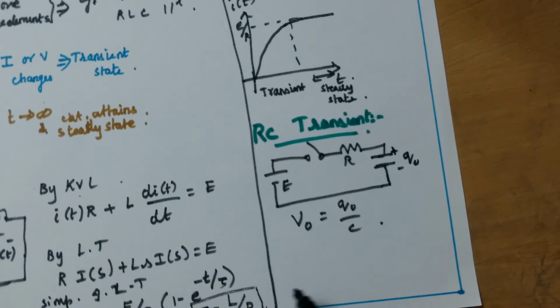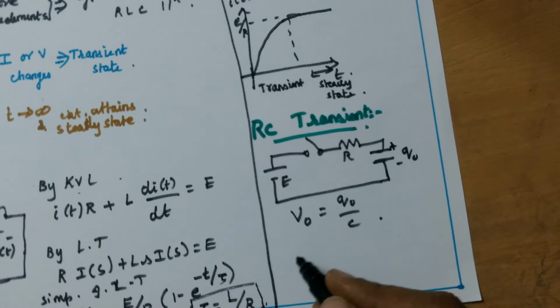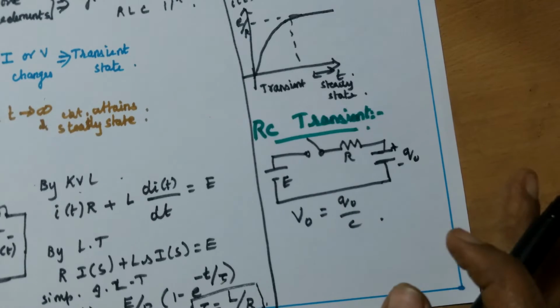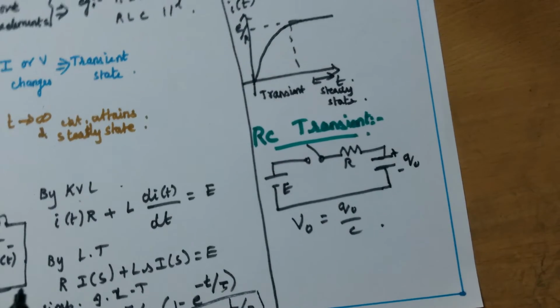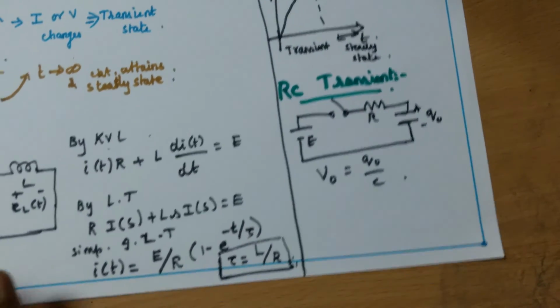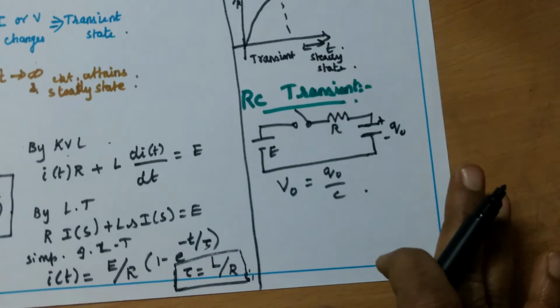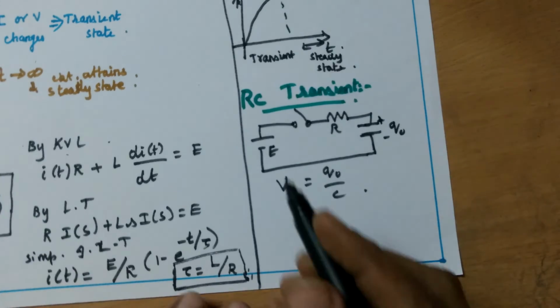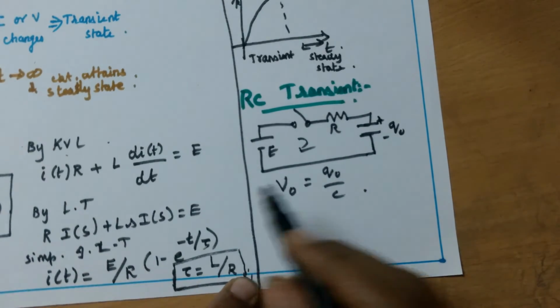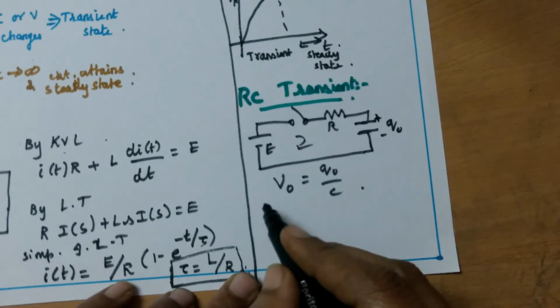So for the RC transient circuit, there is one difference. For the RL transient circuit, the inductor will not allow the current to change, and the capacitor will not allow the voltage to change. That we have to know. So here also we can write the equation like the previous one.